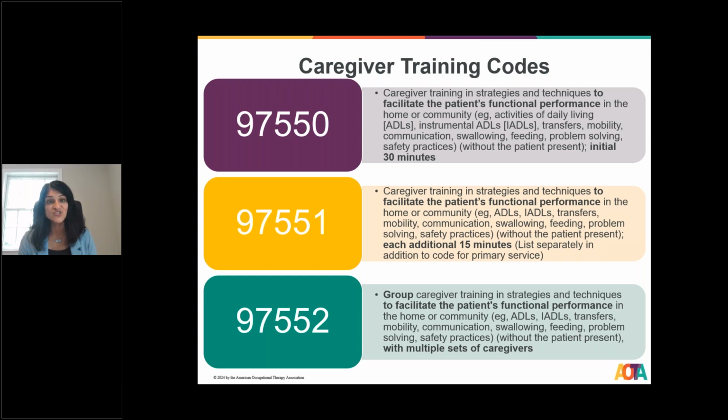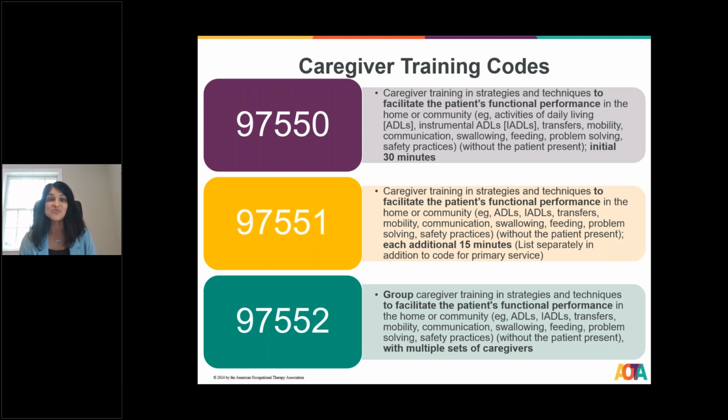I understand that home health agencies can't bill using CPT codes, but I believe these services are available to home health agencies or could be advocated for by patients and those in need of home health care services. These training services would allow caregivers and family members to be trained in strategies and techniques to facilitate the patient's functional performance in their home or community.